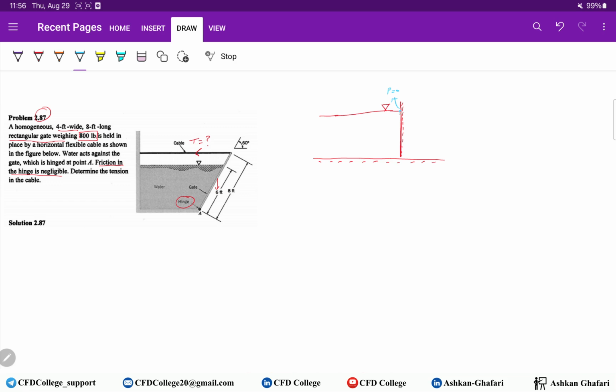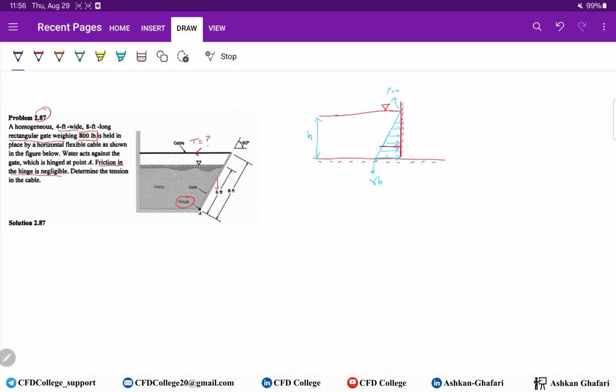Pressure increases up to this value, and if the depth is H, you know that here the pressure is gamma H. So this is the pressure distribution. It's linear.